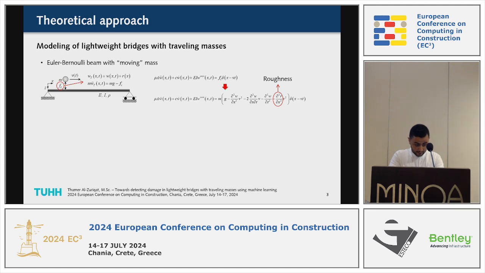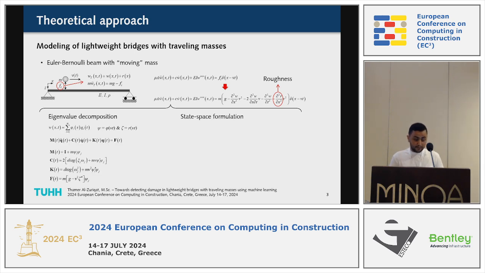So if we look at this equation, we see it's of second order in time and fourth order in space. One way to deal with this equation is by doing something called an eigenvalue decomposition. And with this eigenvalue decomposition, we can calculate W, the deflection, or the vertical displacement.